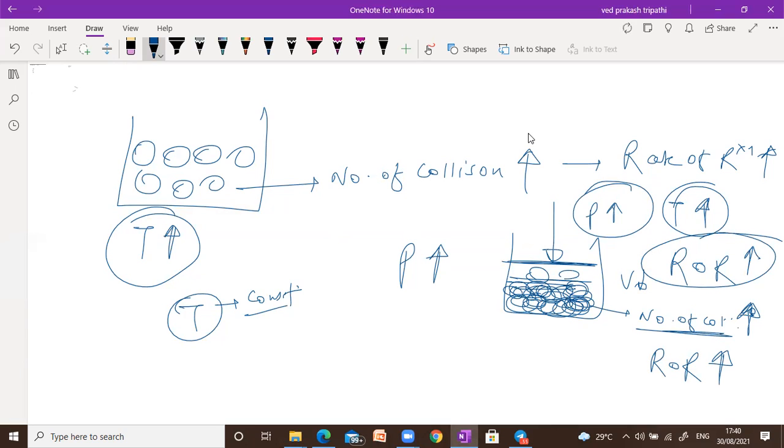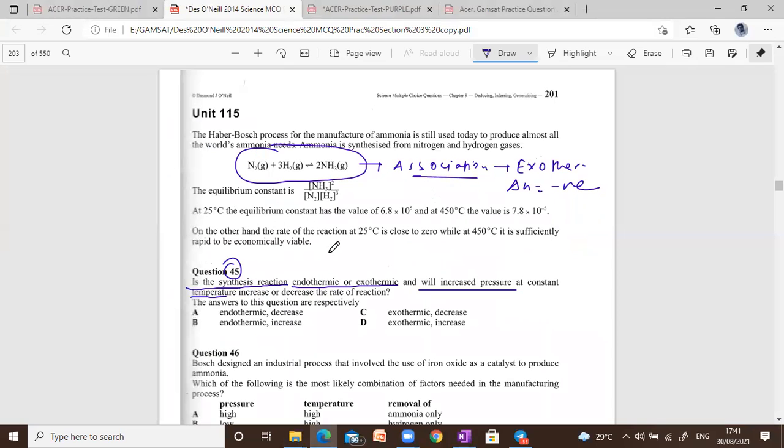Does it make sense to you? Tell me. Yes. Whenever you increase the pressure, collisions will definitely increase and the rate of reaction will increase. So what should be the answer in 45? Just give me a second. I'm coming back.